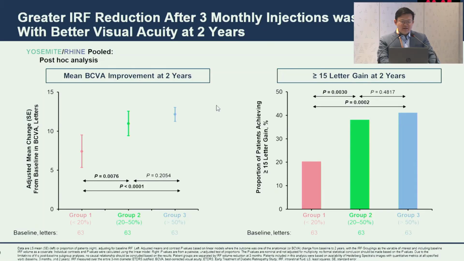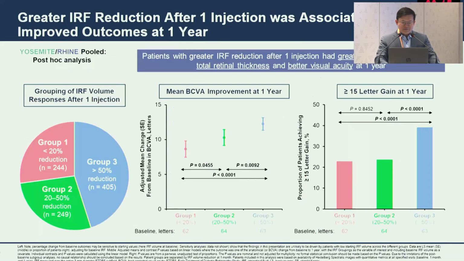And again here, the group that had very limited reduction in IRF volume at 3 months had the least improvement in best corrected visual acuity, whereas the other two groups had a greater improvement. And this was also similar when you looked at the percentage of patients gaining 15 or more letters at 2 years.